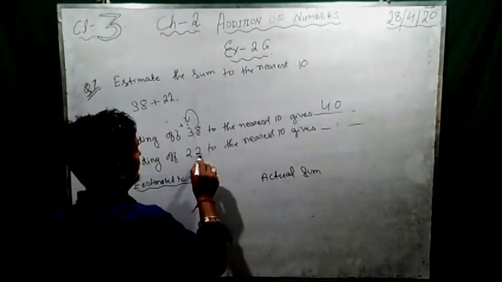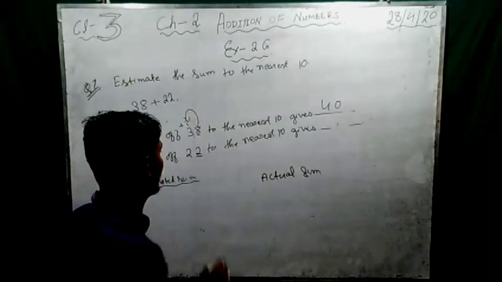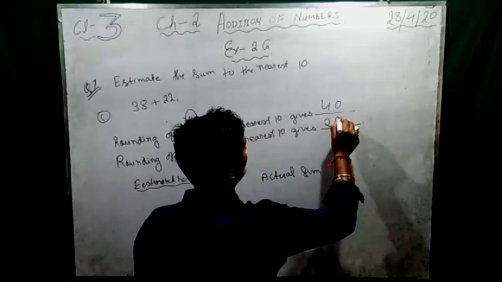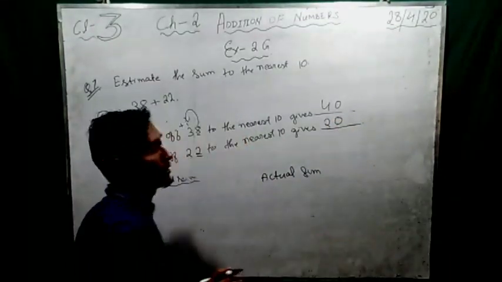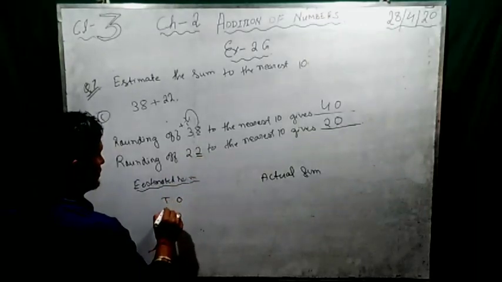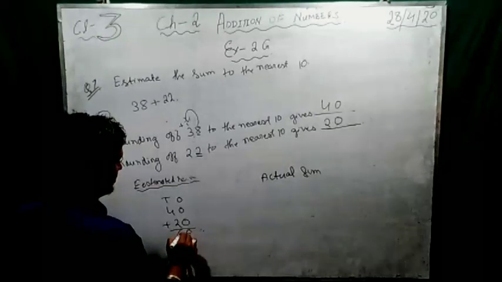Good. And what is this? This is 2. That is less than 5. So what we have to do? The 2 will remain 2, and in place of 2, 0. Clear? Okay. So the estimated numbers are 40 and 20. 40 plus 20, that is 60.